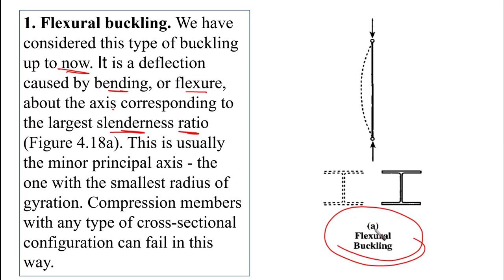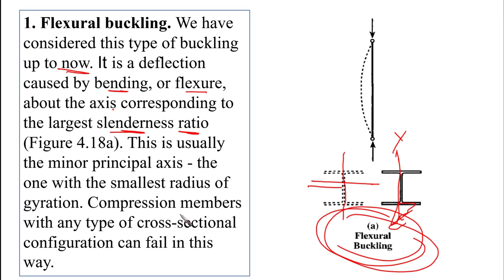Okay, this is X and this is Y. So the flexure is going to take this global flexure around the weak axis, which is going to be YY, for example. This is usually the minor principal axis, the one with the smallest radius of gyration.